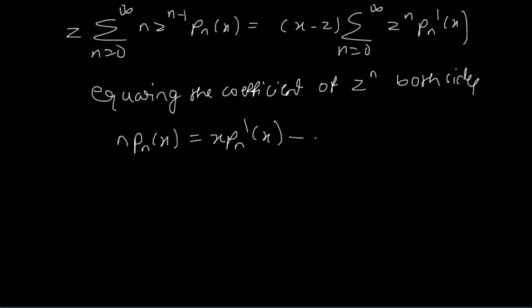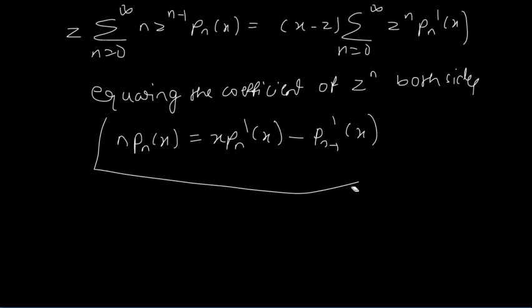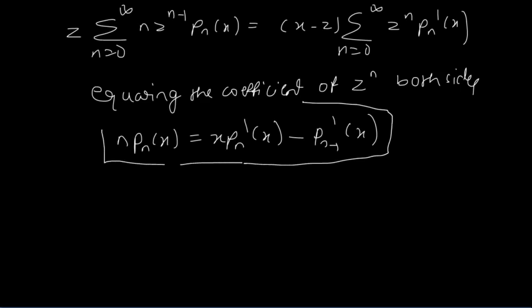So it is equal to x Pn dash of x minus Pn minus 1 dash of x. So this is the second relation.